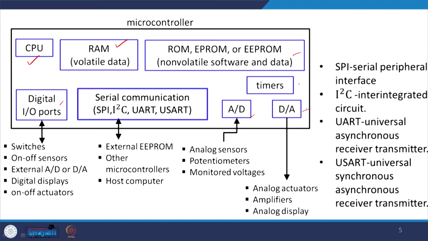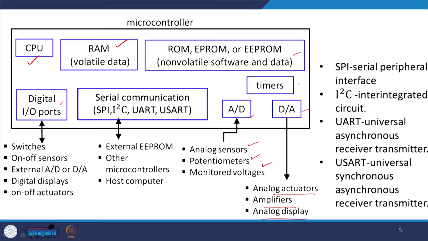Okay. So, digital to analog converter, as you can see, these are the devices which actually use the analog signals, that is the analog actuators, amplifier and analog display. And analog to digital converter is needed if the input is there, say from analog sensors, potentiometers or the monitored voltages.